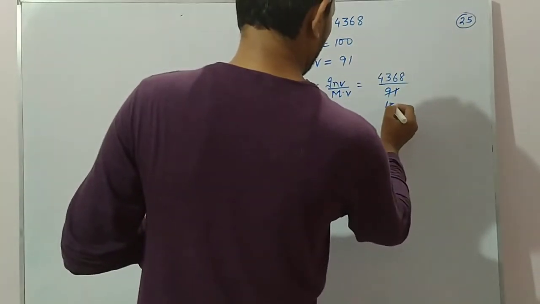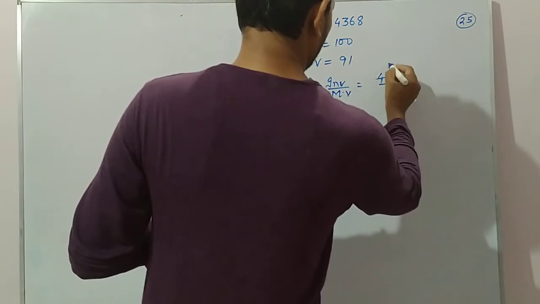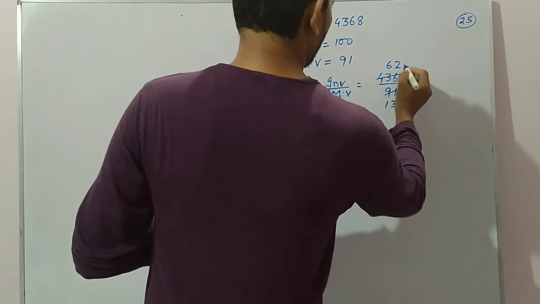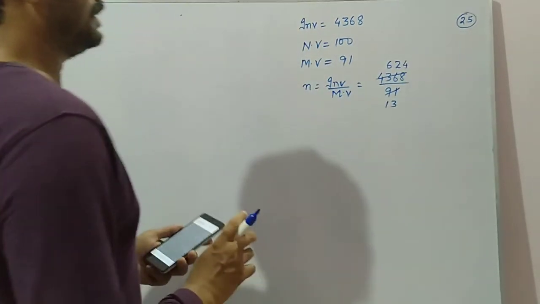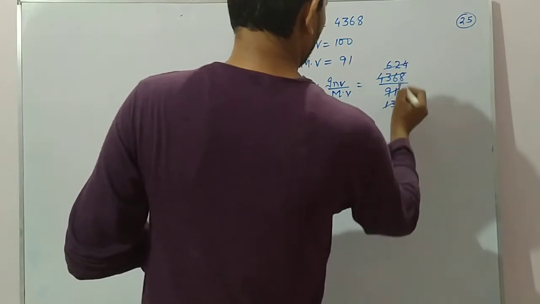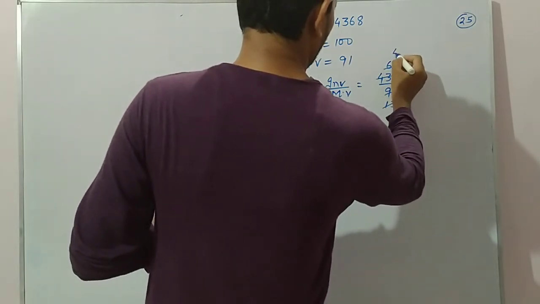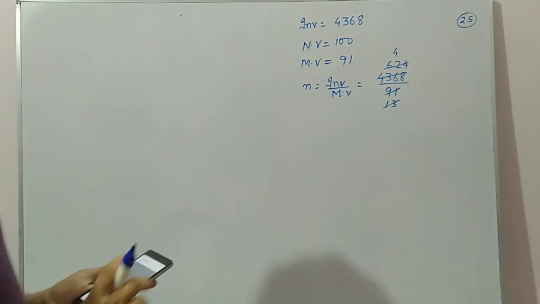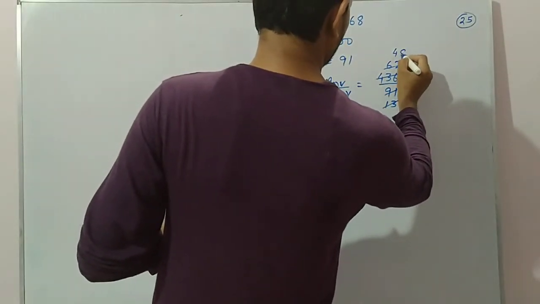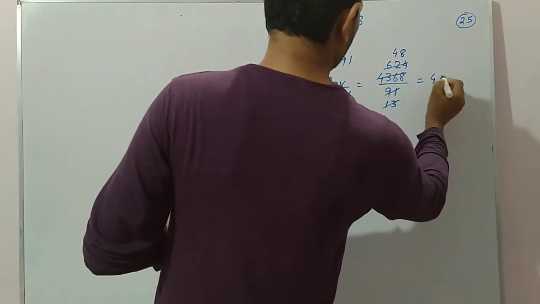So 7 ones are 7, 7 6 are 42, 7 2s are 14, 7 4s are 28, 13 4s are 52 and 13 8s are 104. So you are getting 48 shares.